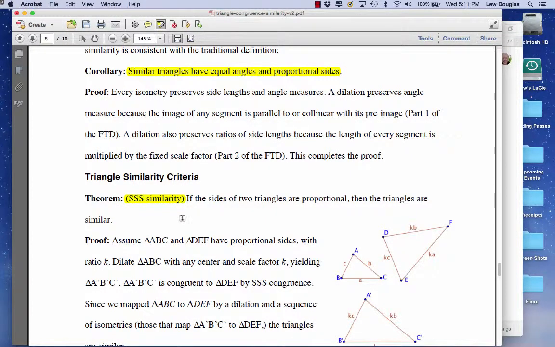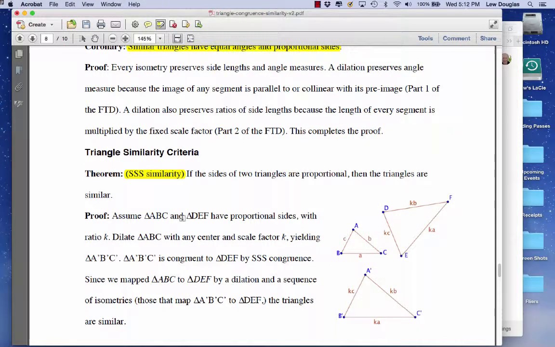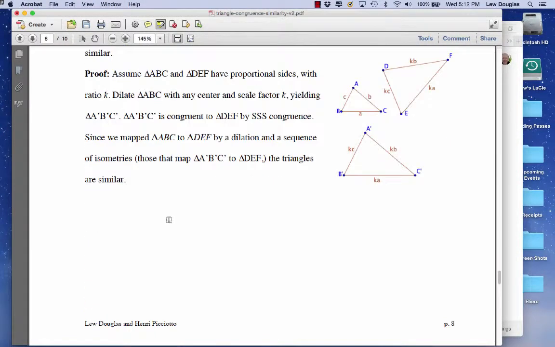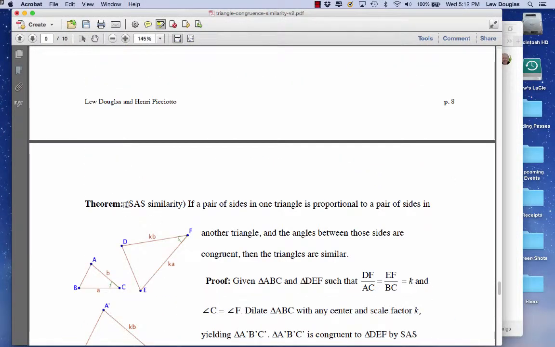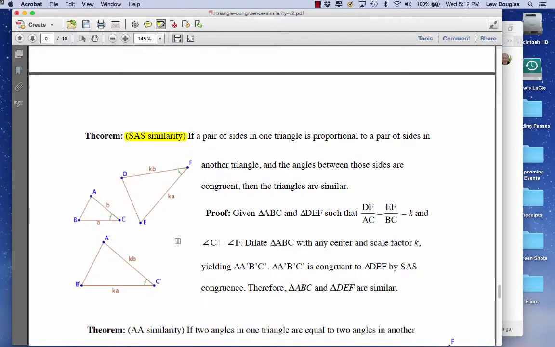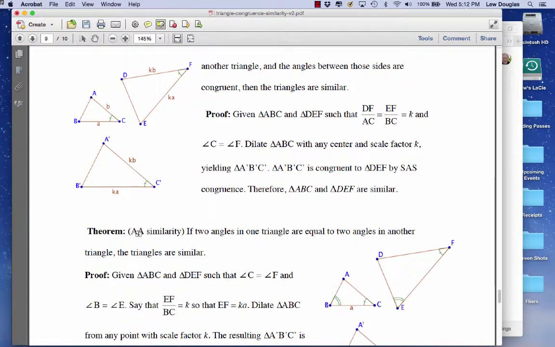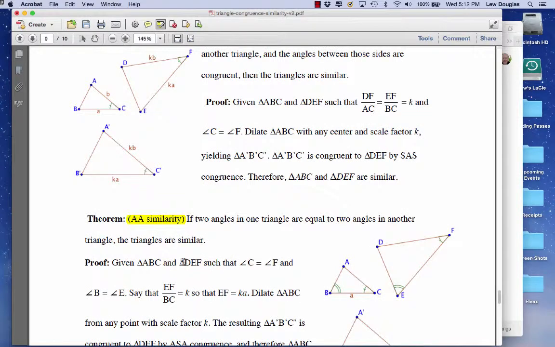With that under our belts, we can prove the SSS similarity criterion, which is if the sides are proportional, then the triangles are similar, that is to say the angles are equal. We can prove SAS similarity: if you have two proportional sides and the included angles equal, then the triangles are similar. We can prove AA similarity, which is if you just have two angles equal, then the triangles will be similar.